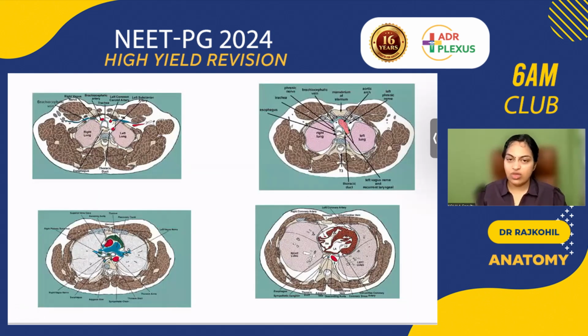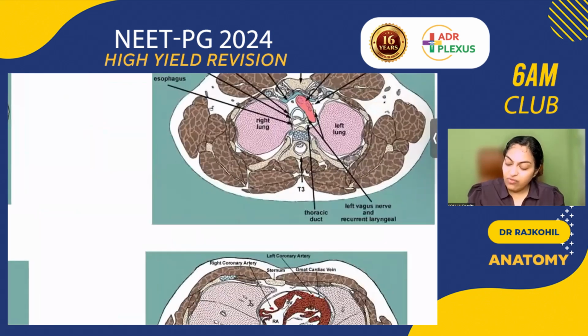Again, cross sections of thorax we have discussed earlier, right? You can just go through it. At T3 to T4 level, mainly you see the arch. Just one point I'll tell. The arch of the aorta is going to be at T4, T5 level.